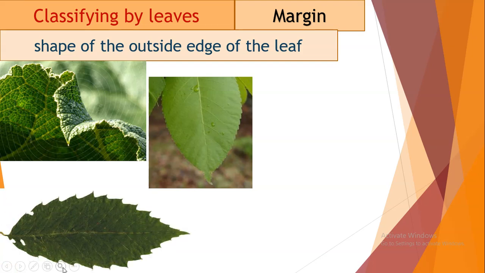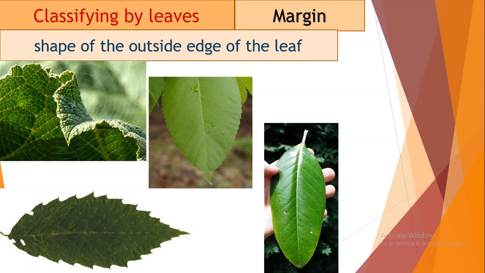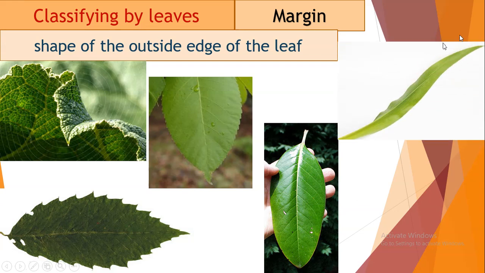What about this one here? Is it smooth or jagged? Excellent. It's jagged. Now, what about this one here? Look at the margin. Look at the shape of the outside edge of the leaf.